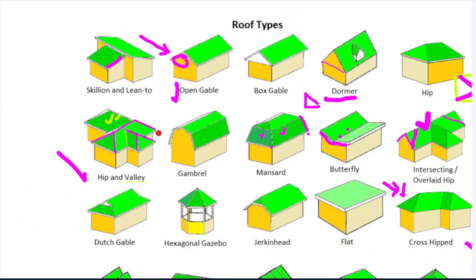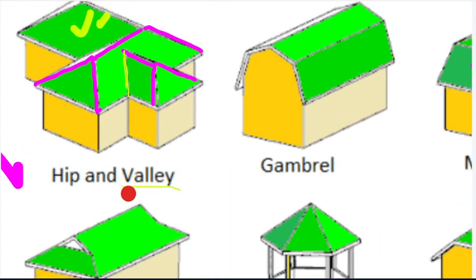And in this valley type, let me check the telephone. Yes, gable roof, hip and valley.